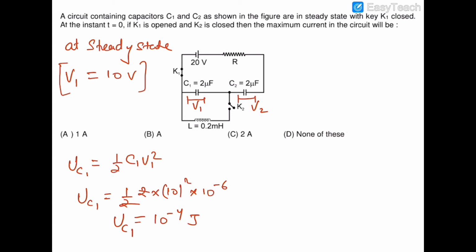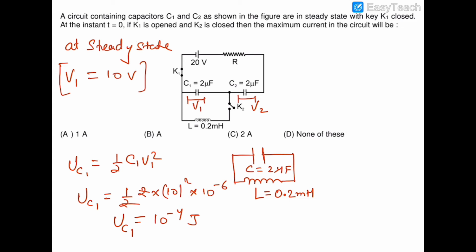Now when we switch this key K2 to the active mode and turn off K1, then the circuit which will be active will be the circuit containing this inductor and the capacitor, where the inductor has an inductance of 0.2 millihenry and the capacitor has a capacitance of 2 microfarad.